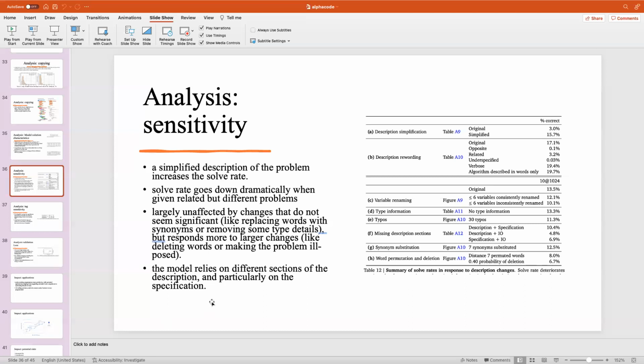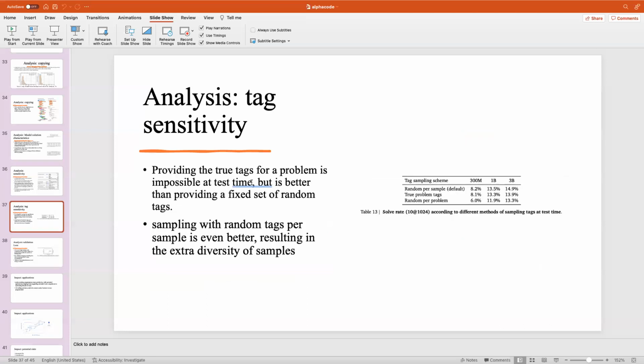And also, they found the model relies on different sections of the description. So separating sections actually works, and it specifically relies on the specification of the problem description. And for different tags, the models have some tag sensitivities. So the authors tried during inference to use true tags, use random tags per problem, or use random tags per sample.